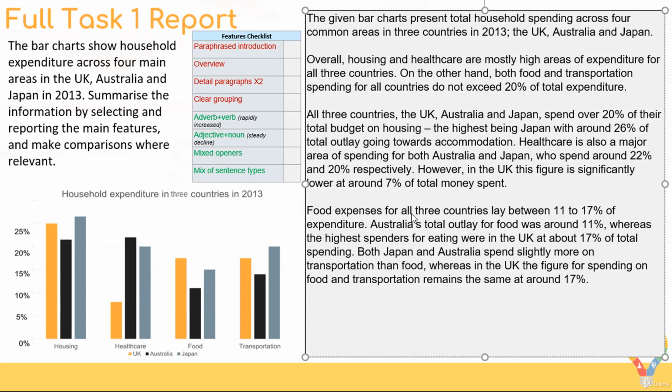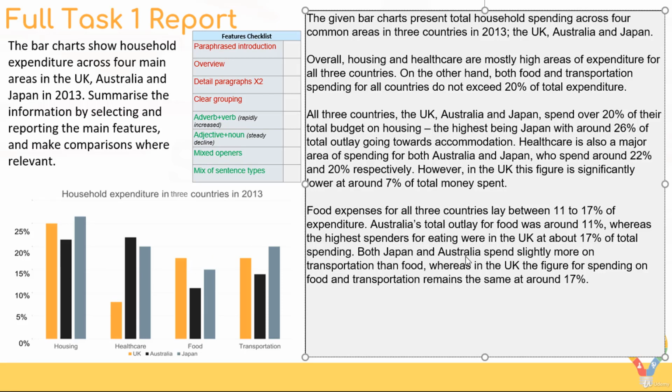Food expenses for all three countries lay between 11 to 17% of expenditure. Australia's total outlay for food was around 11%, whereas the highest spenders for eating were in the UK at about 17% of total spending, which is here.